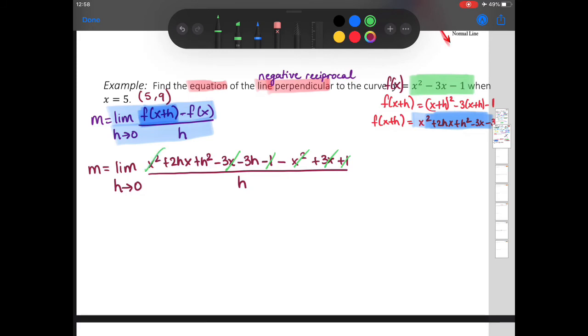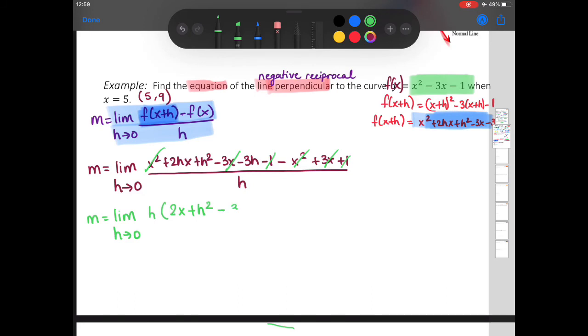So now, what do I do next? Look at this. If I substitute h for 0, I get a 0 over 0. We can't have that. But I do see that h is common in all three terms in the numerator, or it's my GCF. So I'm going to factor that out.